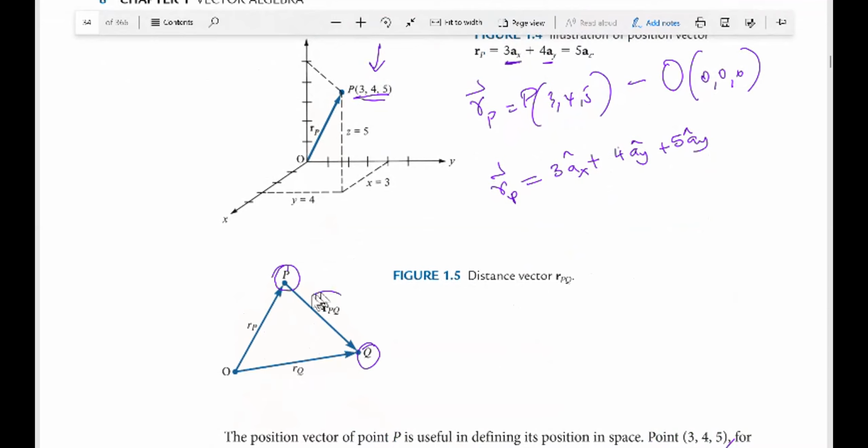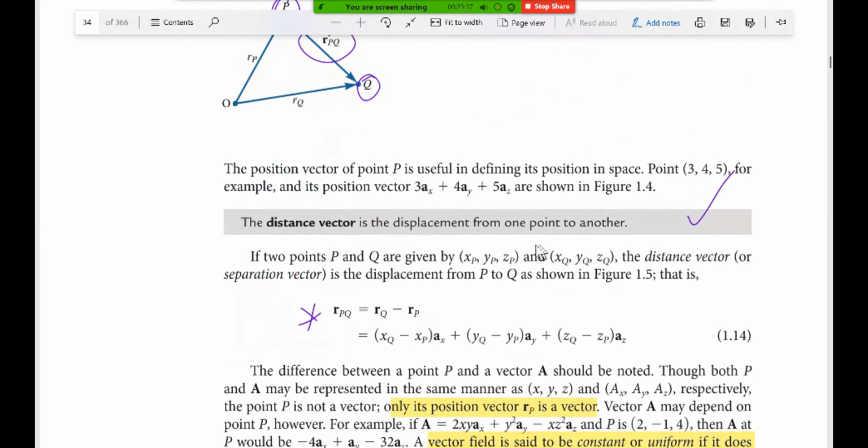What we now want to find is what we call the distance vector. The distance vector, indicated as RPQ, is the distance between point P and point Q. And in the next few paragraphs we are defining the distance vector.